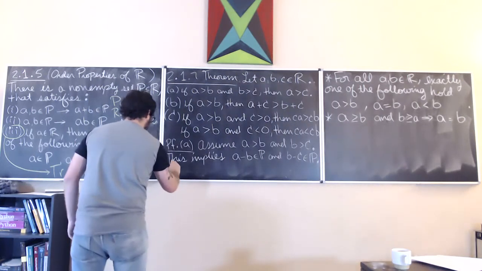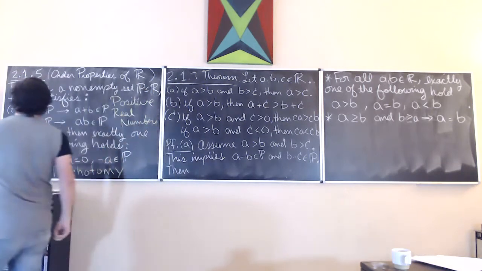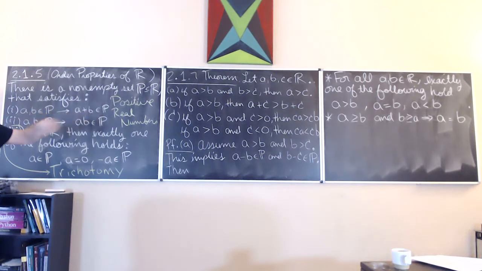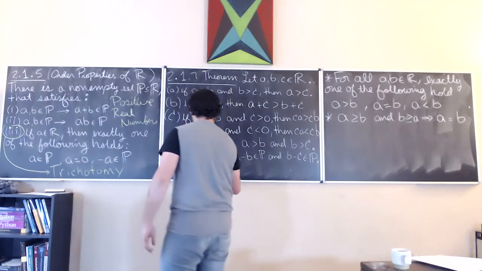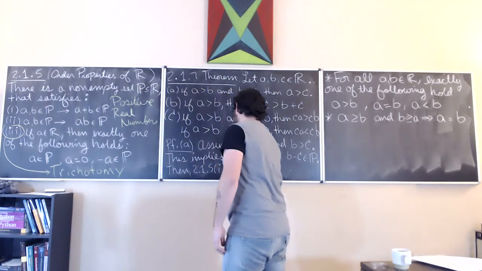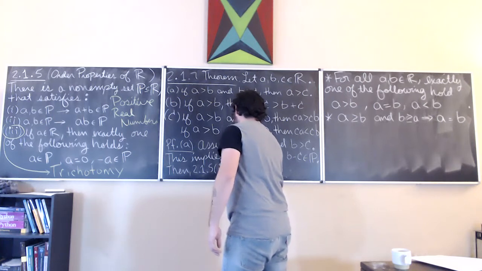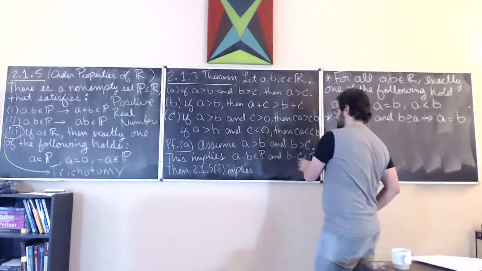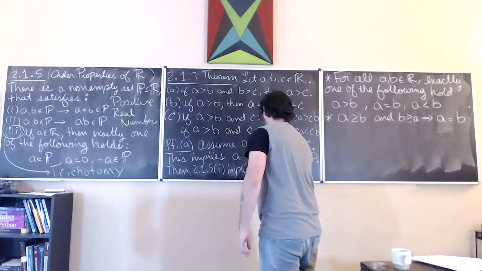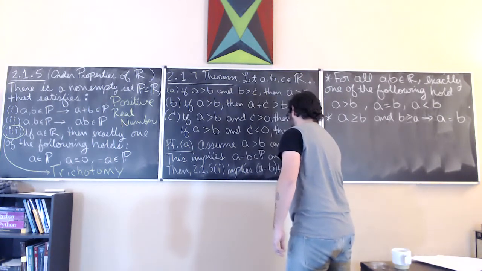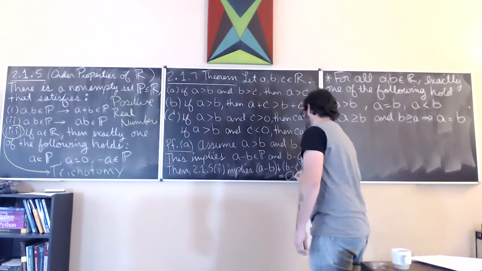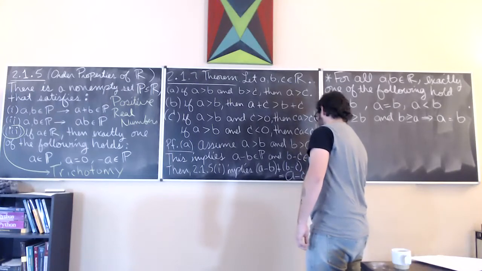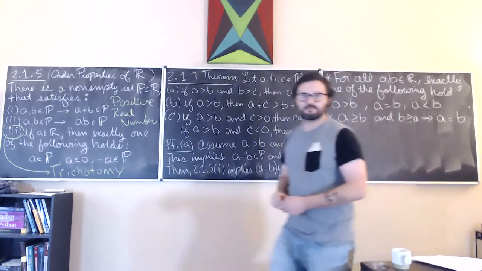Then, if we have two numbers in P, then the sum of them is in P by 2.1.5 part I. So 2.1.5 part I implies that A minus B plus B minus C is in P, which is equal to A minus C. Make sure that you all can read that.